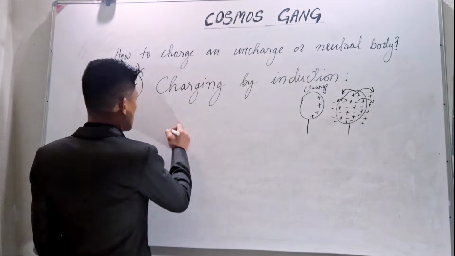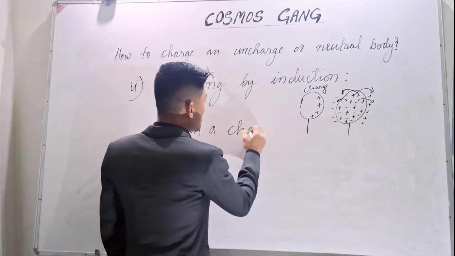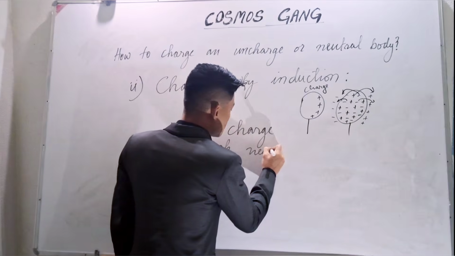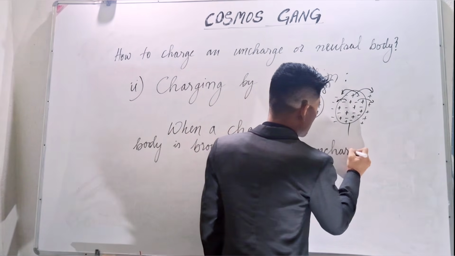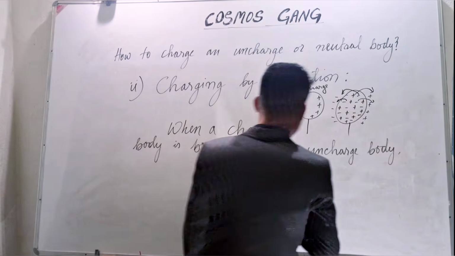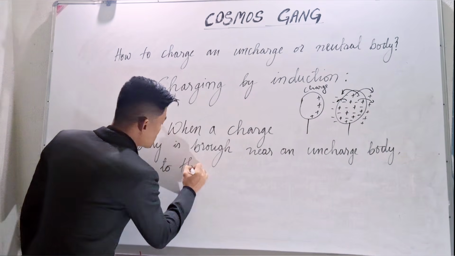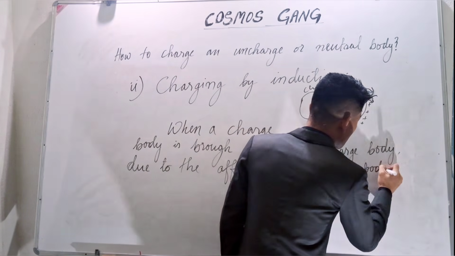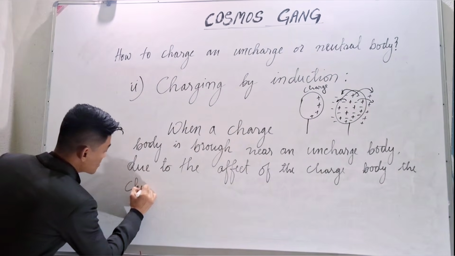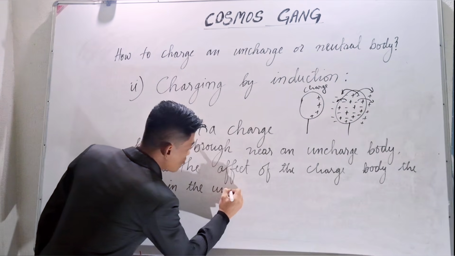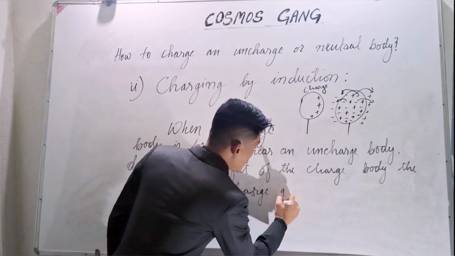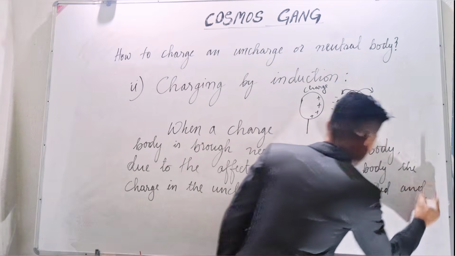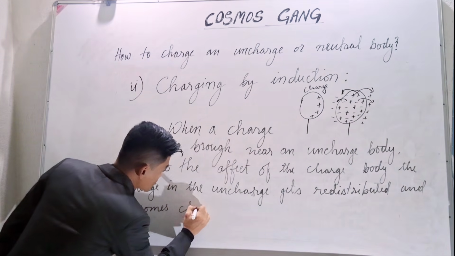Let us write in short. So when a charged body is brought near an uncharged body, due to the effect of the charged body, the charge in the uncharged body gets redistributed and becomes charged.